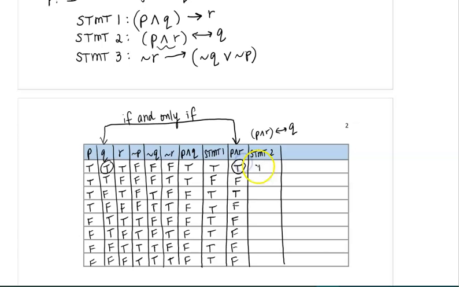So that happens in the first row, that happens in the 4th row, and then that happens in the 7th and 8th rows. That's where the truth values match. The rest of these will end up being false.